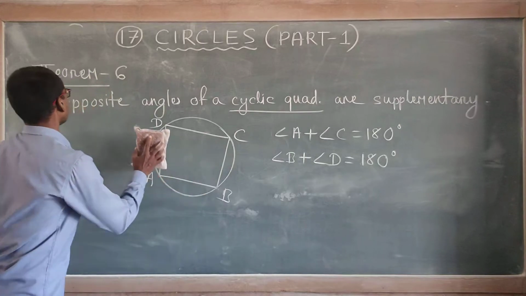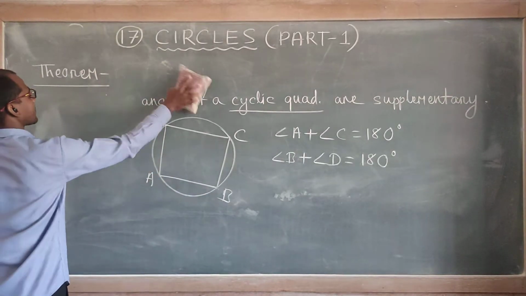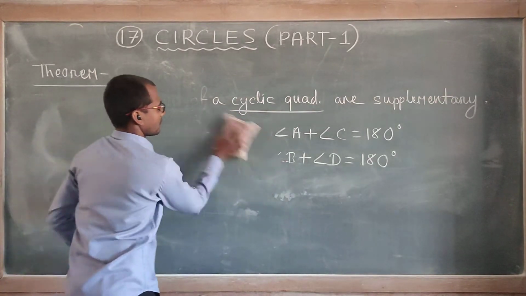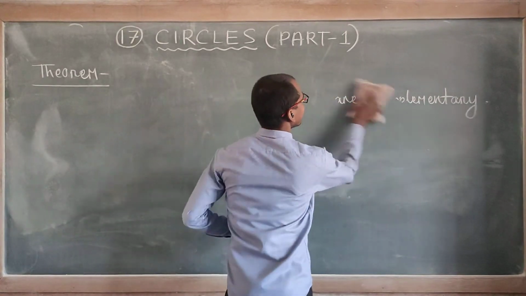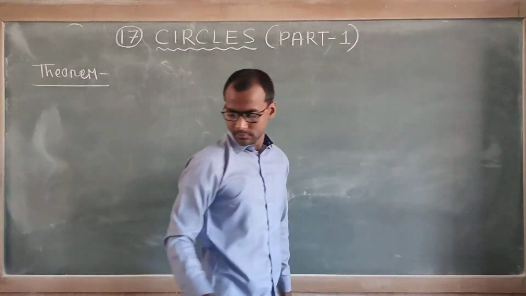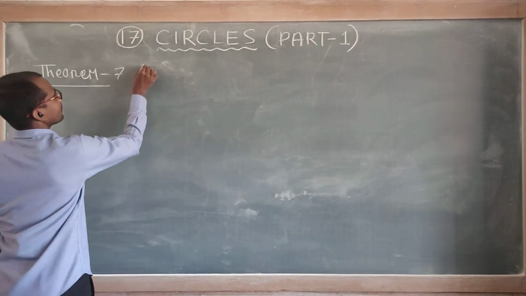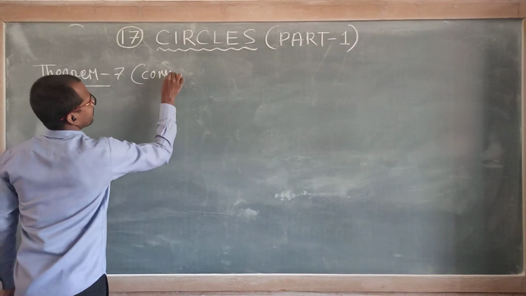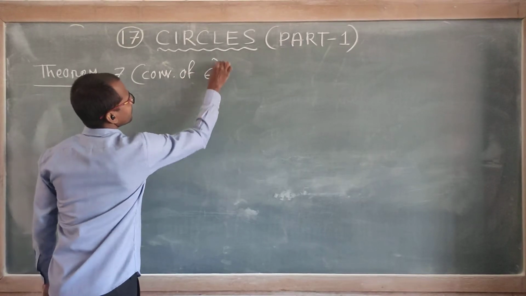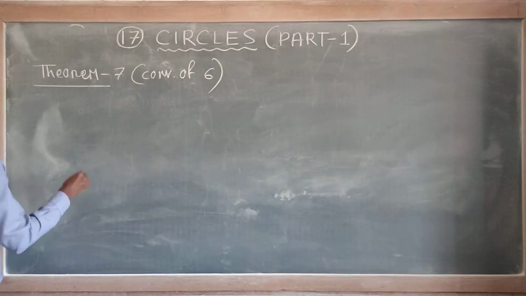Okay. So that is theorem number 7. Theorem number 7, that is converse of 6.